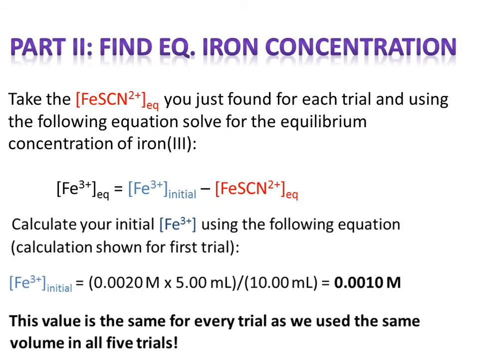Our iron 3 plus initial concentration is going to equal the concentration of the solution that we started with, 0.0020 molar, multiplied by the volume that we used in trial 1, which is 5 mils, divided by the total volume of the trial, which was 10 mils, results in an iron 3 plus initial concentration of 0.0010 molar. Now, our initial iron 3 plus concentration is the same for every trial, so we only need to calculate this once.